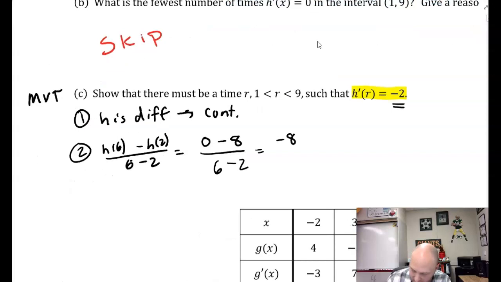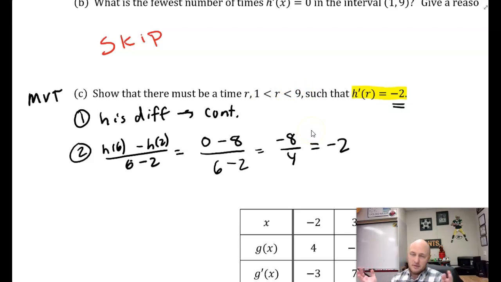So we get -8 over 4, which lo and behold is -2. So you've shown that the average rate of change between 2 and 6 is -2, and the mean value theorem therefore applies on that interval.